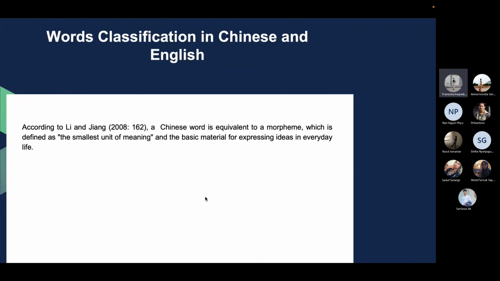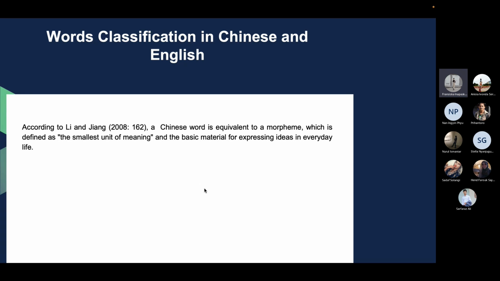It is about word classification in Chinese and English. According to Li and Chiang in 28, the Chinese word is equivalent to a morpheme, which is defined as the smallest unit of meaning and the basic material for expressing ideas in everyday life.